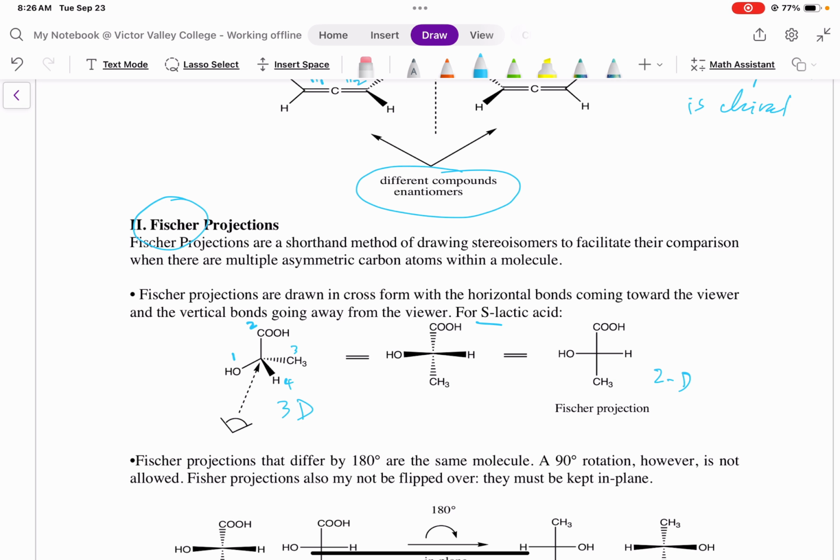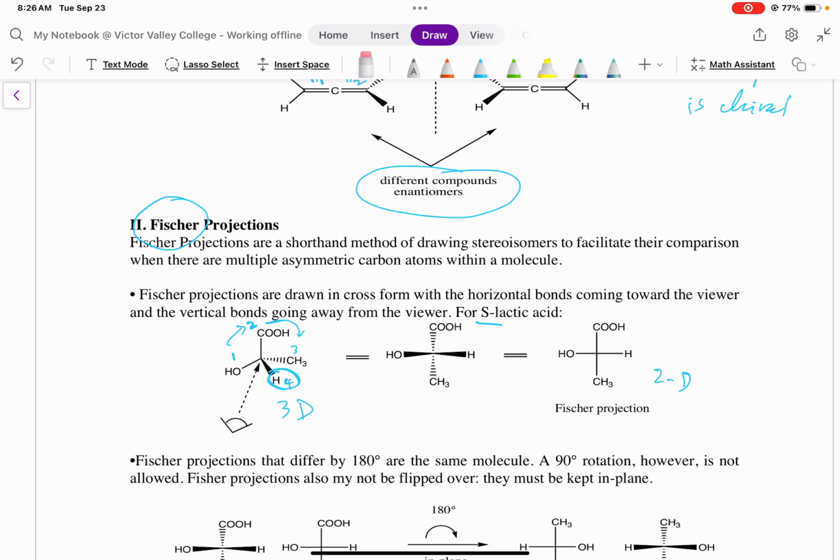Now, if you rotate, it's going to be 1, 2, 3. That's clockwise. However, hydrogen has to be away, but in this case, it's towards us, the viewer. So it's the reverse of what it looks like. Clockwise, actually counterclockwise. That's why this is S.